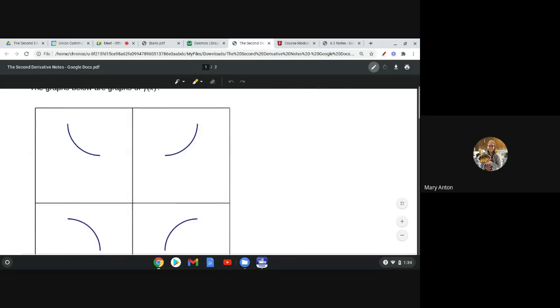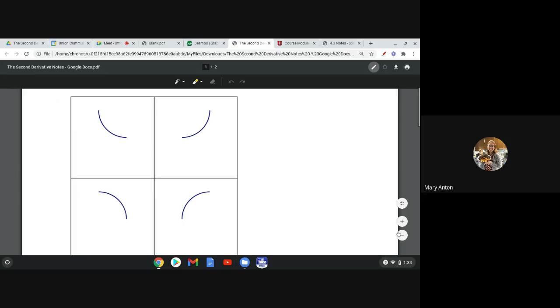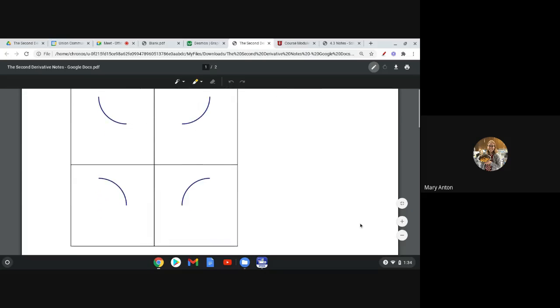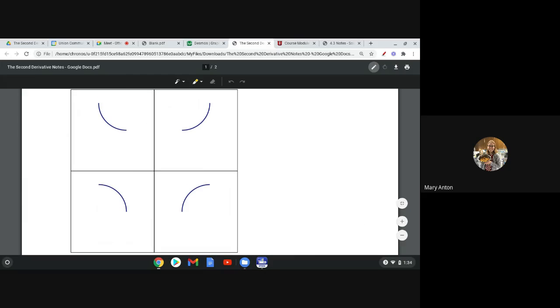Okay, class. In this box are 4 different graphs. Which are concave up and which are concave down? How do you know if something is concave up? If you fill it with water. If you can fill it with cereal, or did you say water, Megan? If it's like a bowl that's facing up and you can fill it with cereal or water or both, then it's concave up.